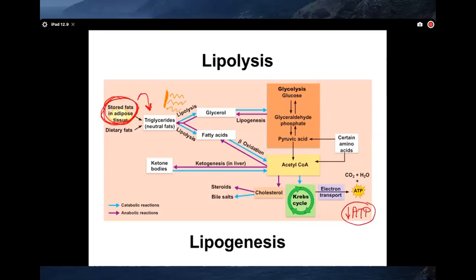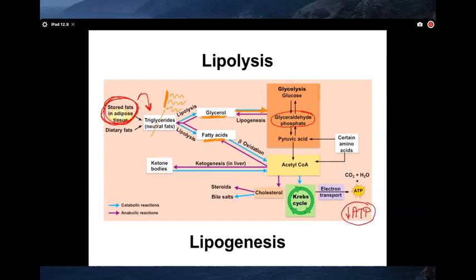Three fatty acids. Great. And this will be the initial step in order for you to break down the fats, the lipolysis. So you're going to be breaking down the triglycerides into glycerol and fatty acids. This glycerol is going to be transformed into one of the intermediates of the glycolysis called glyceraldehyde phosphate.